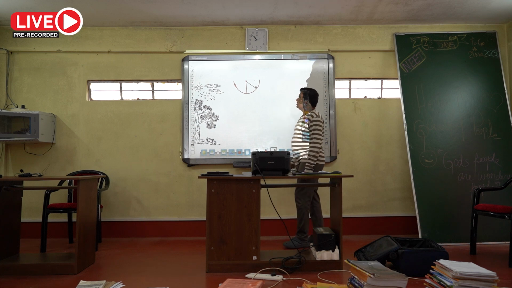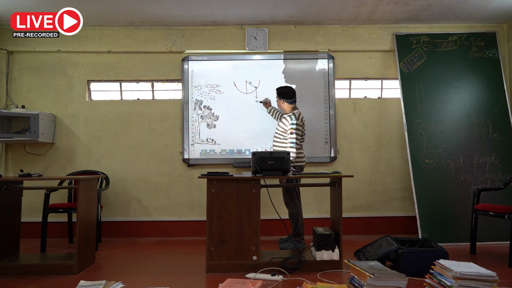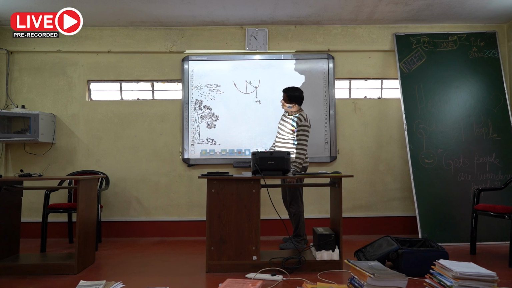Okay. So this length is equal to the radius. Now what are the forces acting on this object? One is there mg. Another is normal reaction on this side.